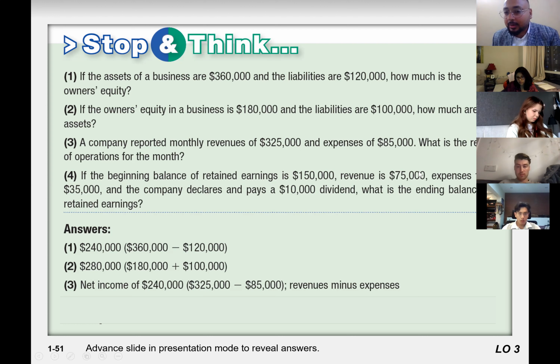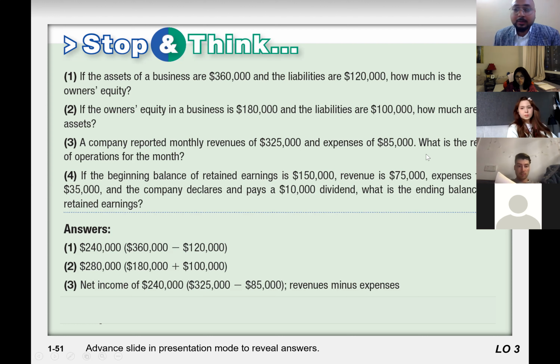Your sales revenue is 75,000, expenses are 35,000, and the company paid 10,000 of the net profit as dividend. So how much is the ending balance of retained earnings? Simple. Beginning retained earnings plus net income minus dividend is equal to ending retained earnings. So here is the answer.